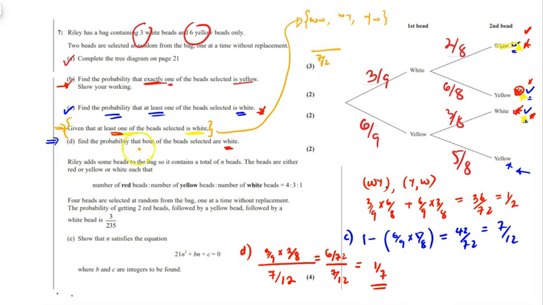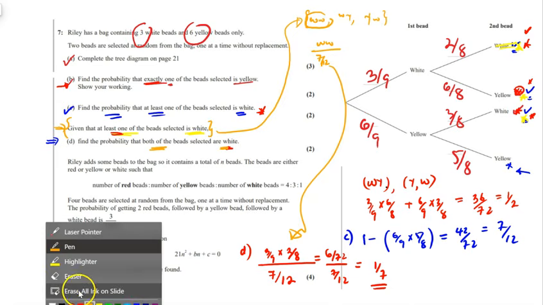Out of that, they're asking you to find the probability that both beads selected are white. How can it happen? As white white, so you have that probability over 7 over 12. This is what we are doing here to understand that question. Then you have 1 over 7. All right, I will erase this and go to the next question.